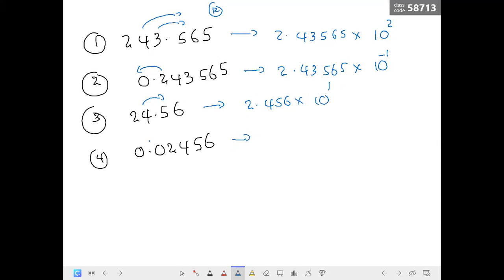Then here, we have to move 1, 2 digits, because first one is a 0, so therefore we need to move another one. 2.456 times 10 to power, we moved 2, therefore the exponent is 2, right? -2. 10 to power -2 is the exponent, right? Okay, then this is the way you can write.